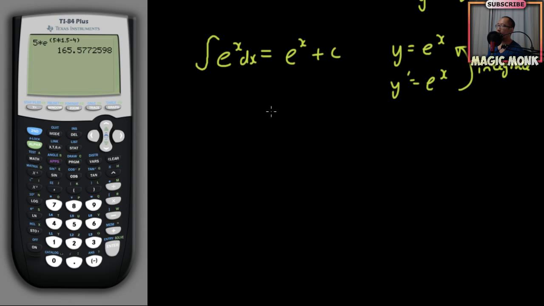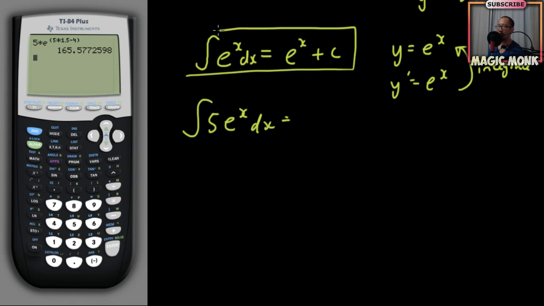Okay, so let's give you guys one with a constant in front. Let's go 5e to the x dx. So what you need to realize is that pretty much anything we give you, you want to be able to get to it from the original equation. So from the original equation, if I multiply by a 5 on the left, I have to multiply by 5 on the right.